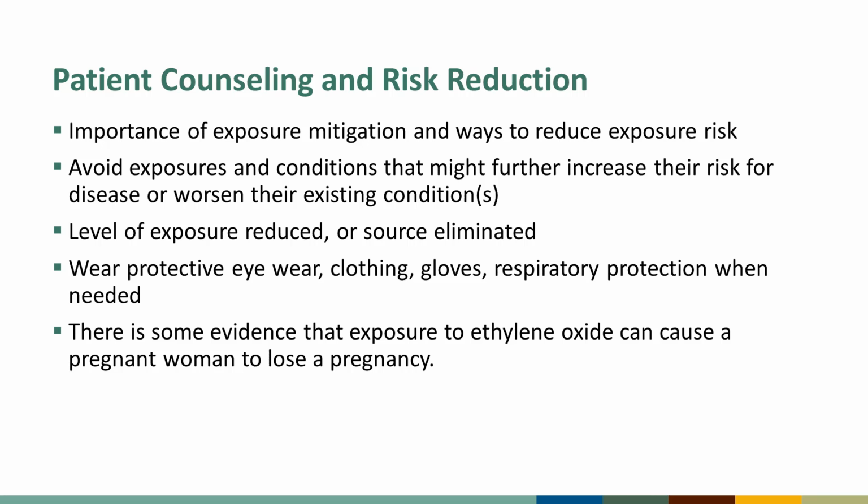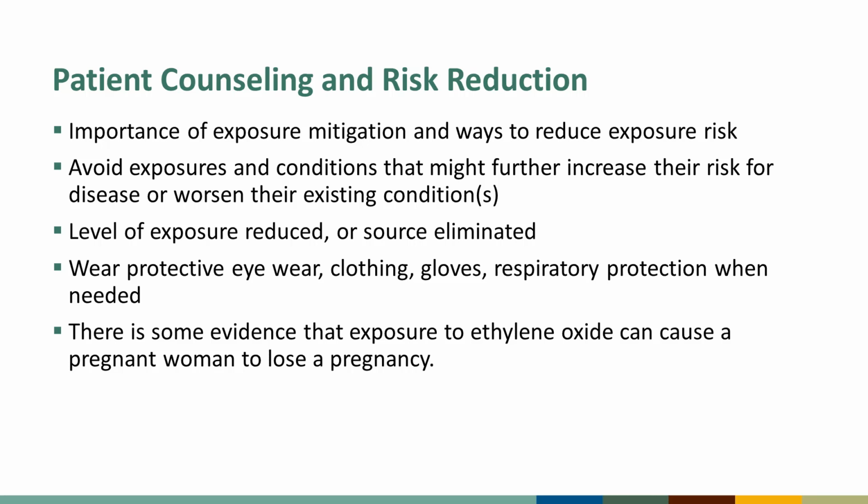For persons with ethylene oxide toxicity, the level of exposure either must be reduced or the source eliminated. Depending on the setting, this might be accomplished by using an agent less hazardous than ETO or increasing air ventilation. Workers using or making ethylene oxide should wear protective eyewear, clothing, gloves, and when needed, respiratory protection.